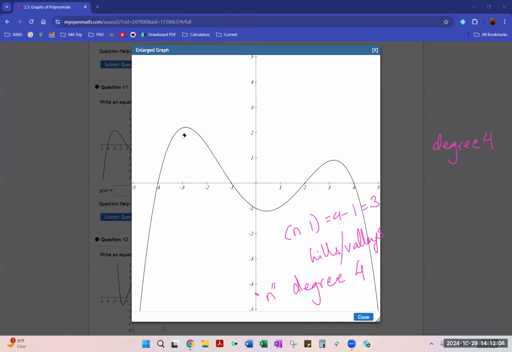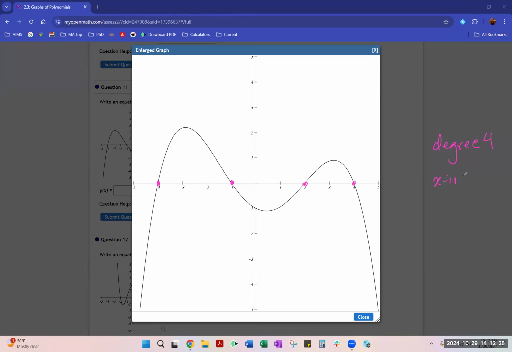Then the next one, and I'm going to erase this, should be to look at the x-intercepts. So you will notice that the x-intercepts are at -4, -1, +2, and +4.